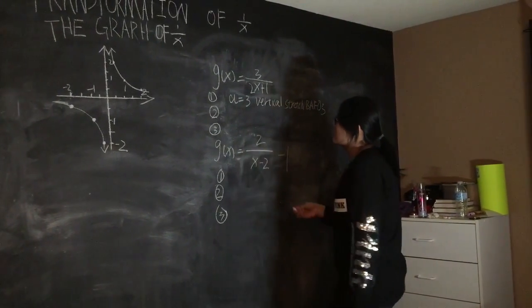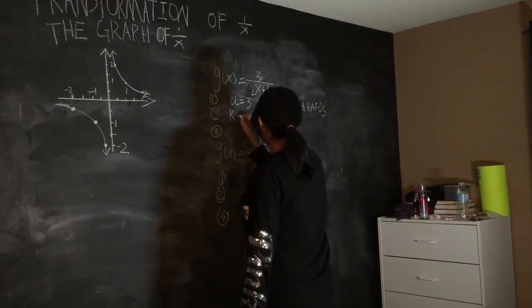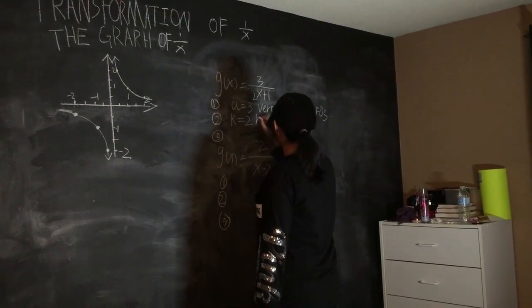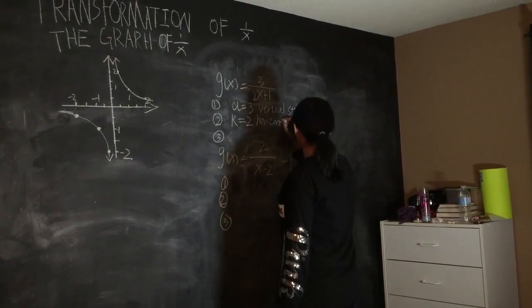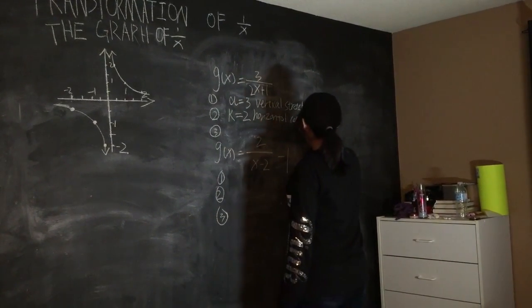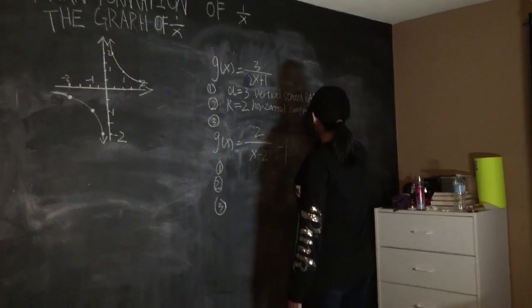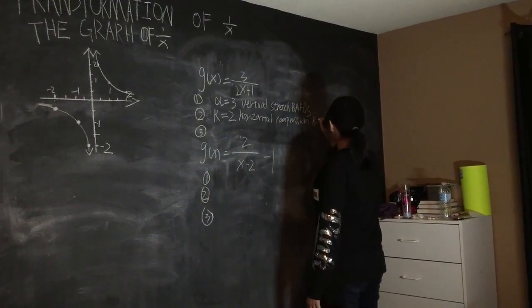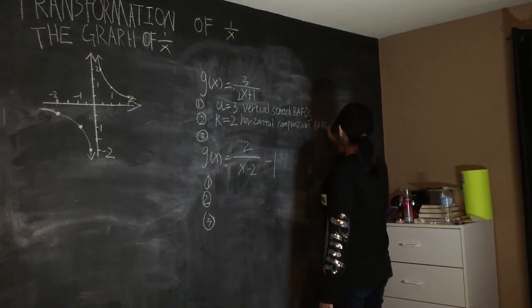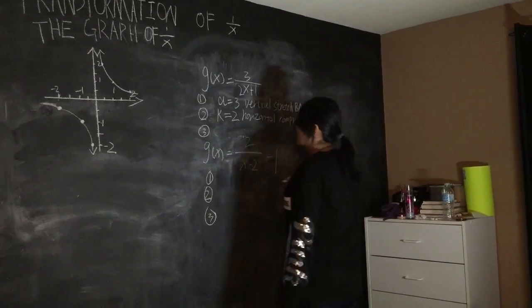And K equals 2, horizontal compression by a factor of 1/2. And when D equals negative 1, it means shift left 1 unit.